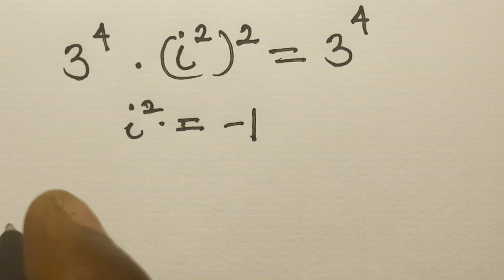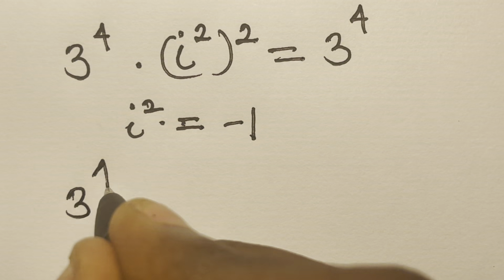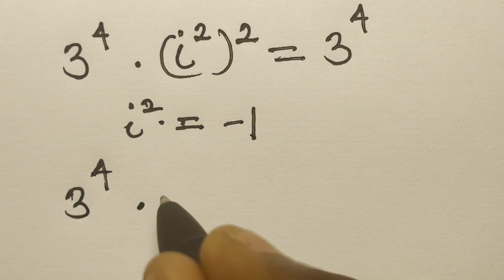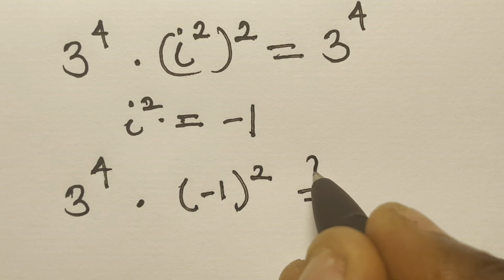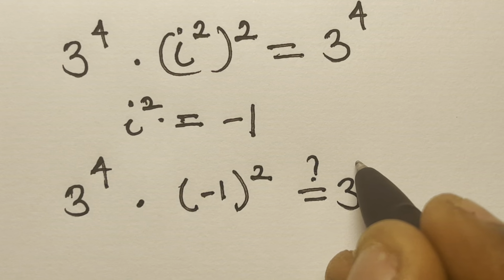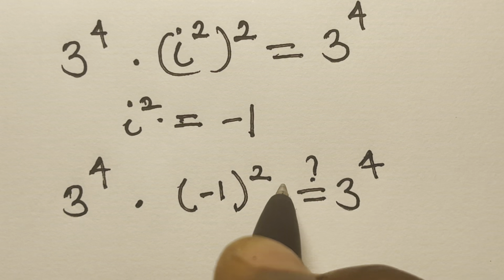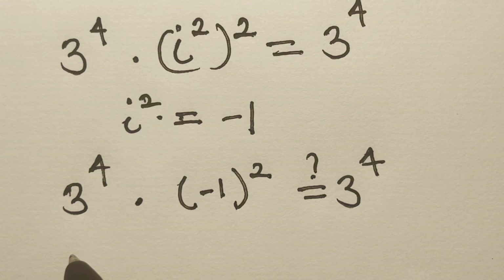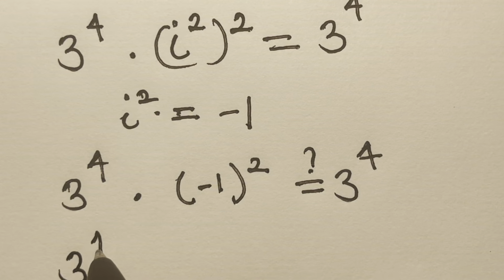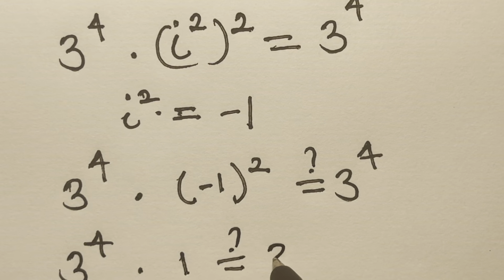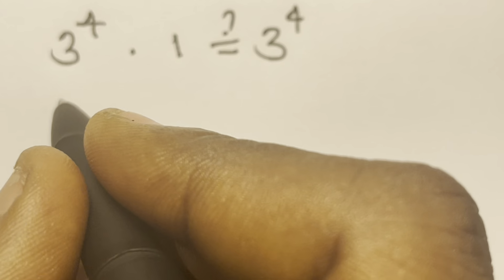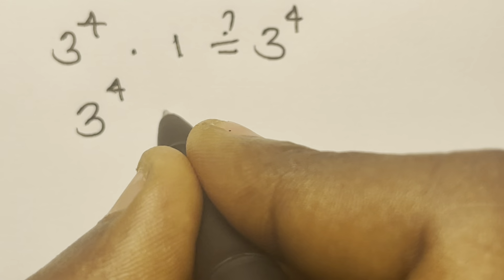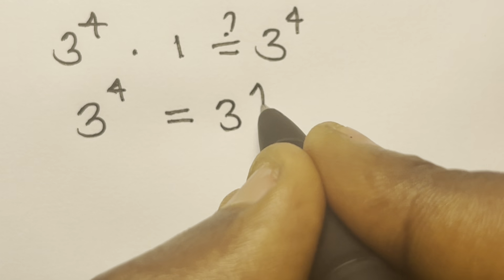So now we will have 3 raised to power 4 multiplied by minus 1 square. Is this equal to 3 raised to power 4? So now we have 3 raised to power 4. You know this is what? This is 1. Is this equal to 3 raised to power 4? We have 3 raised to power 4 times 1. That is 3 raised to power 4 equals 3 raised to power 4.